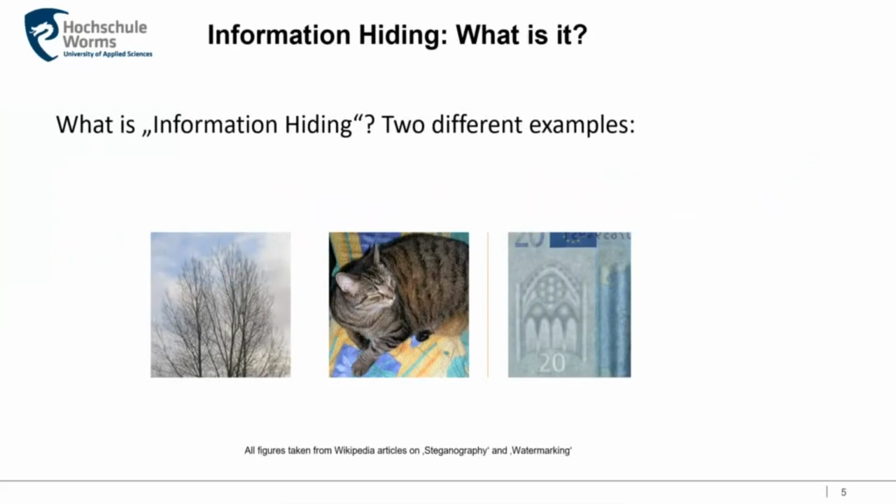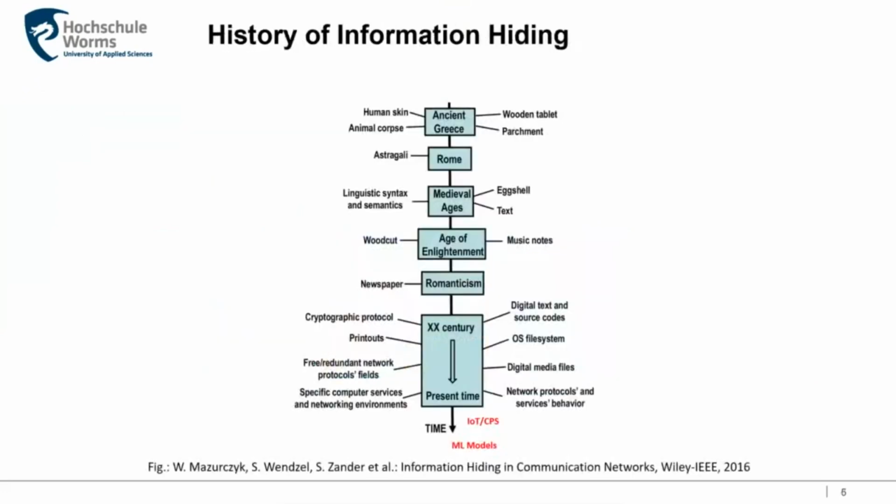For now, let's start with the term information hiding. Information hiding essentially means that we hide something in something else. These images are just taken from Wikipedia, and they are the classic examples. The image of the cat is hidden in the tree image, or watermarking is another example of information hiding. But that discipline is quite old.